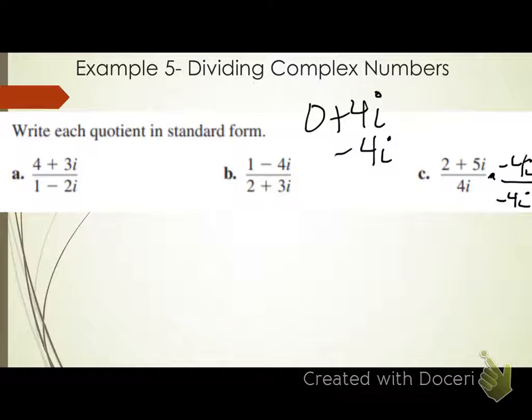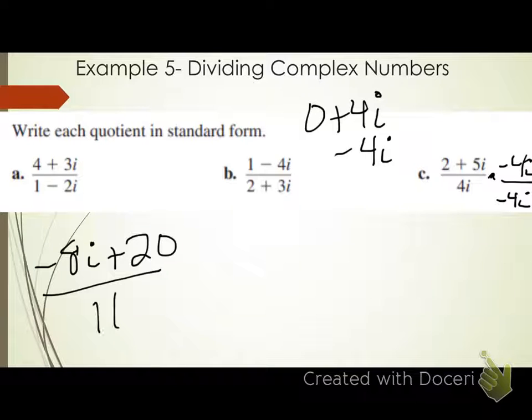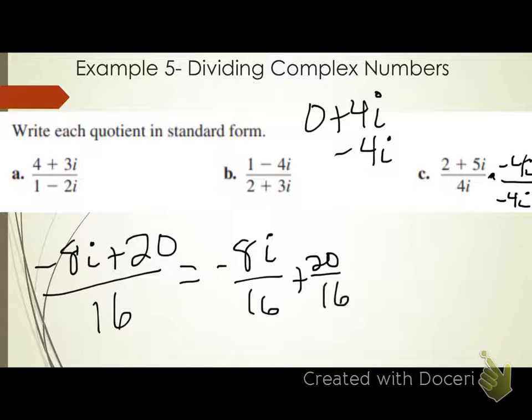So I get 2 times negative 4i, which is negative 8i. 5i times negative 4i would give me negative 20i squared, so plus 20, over 4i times negative 4i would give me positive 16. Get negative 8i over 16 plus 20 over 16.